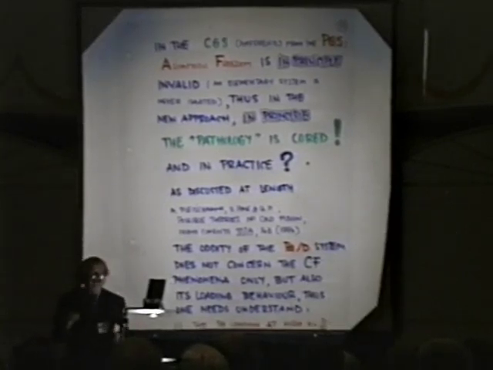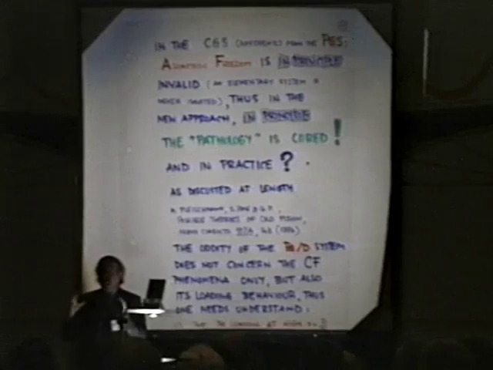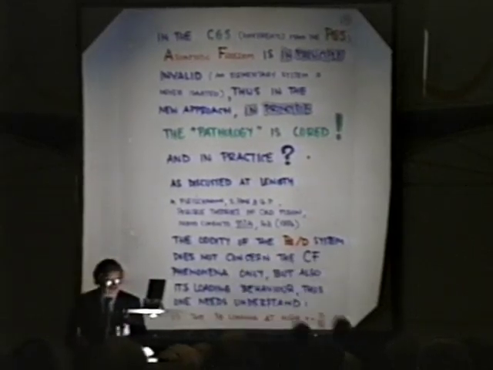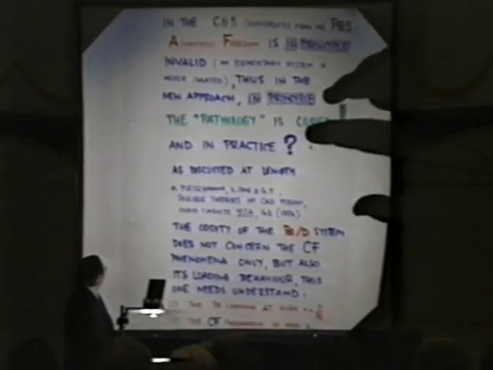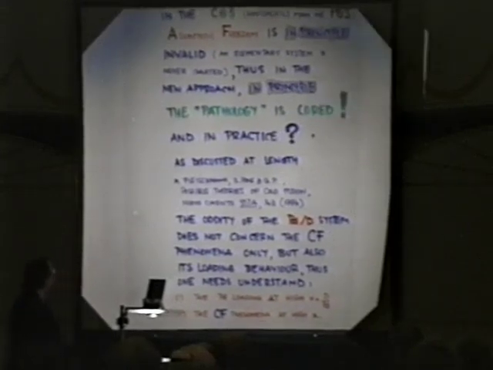So any argument based on the individual particle interaction is based on a delusion, because now the system is a whole, and as a whole it interacts with the things that come from the outside. So, in principle, in this new approach, the pathology is cured.